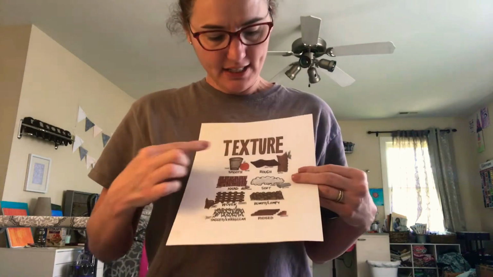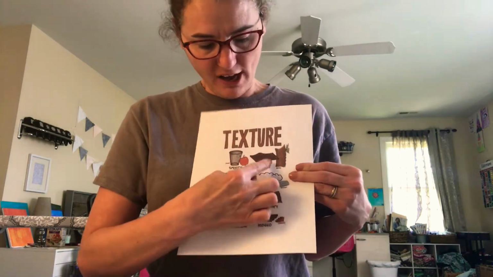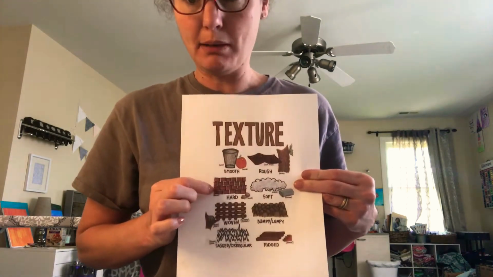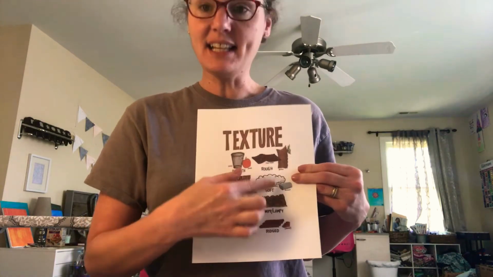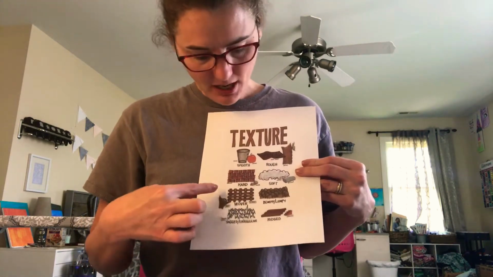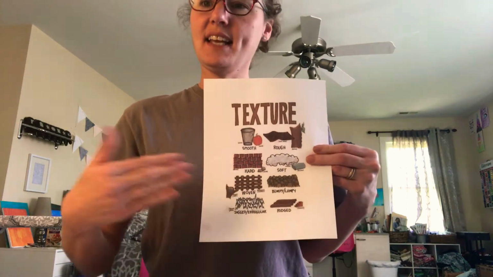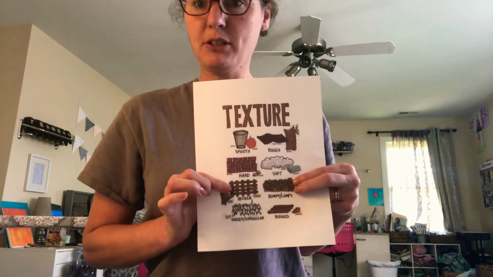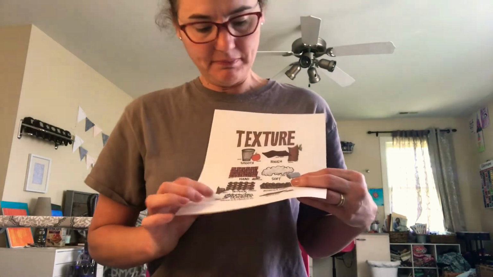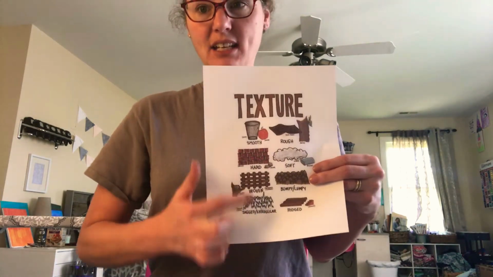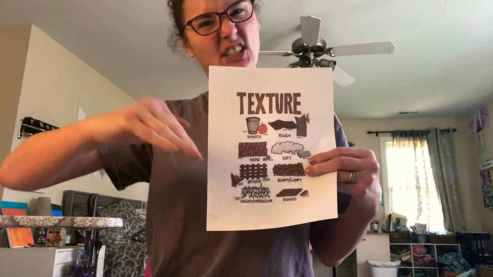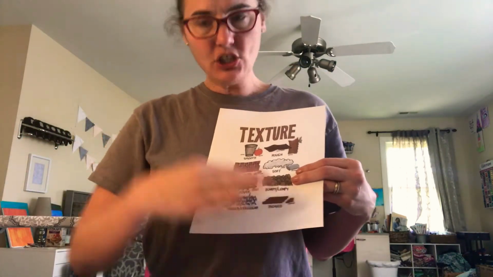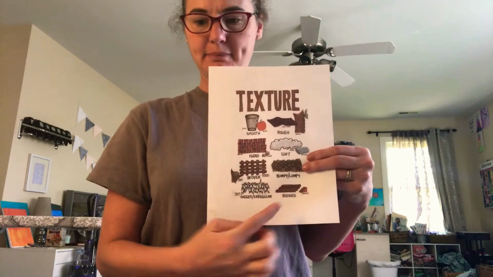We have smooth and rough, hard, these are supposed to be bricks, soft like a cloud or fluffy. Woven, that's like burlap. Bumpy or lumpy, that looks like a bunch of rocks. Jagged or irregular, like when something breaks, the edge could be jagged. And ridged, like logs.